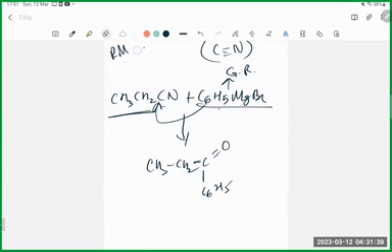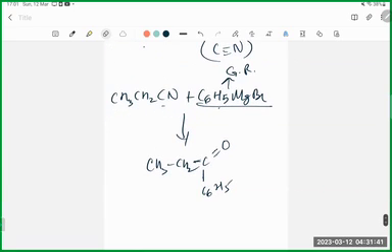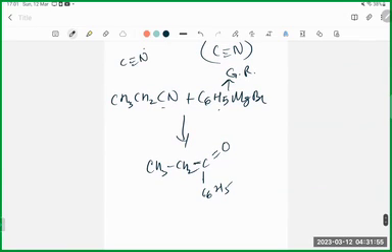If you connect this to the study of alcohols, how did we prepare alcohol from aldehydes and ketones? There the carbonyl group was converting into OH, but here carbon triple bond nitrogen is getting converted. Nitrogen will go out. Nitrogen, being electronegative, takes the electron pair towards itself, and then carbon will have the positive charge.